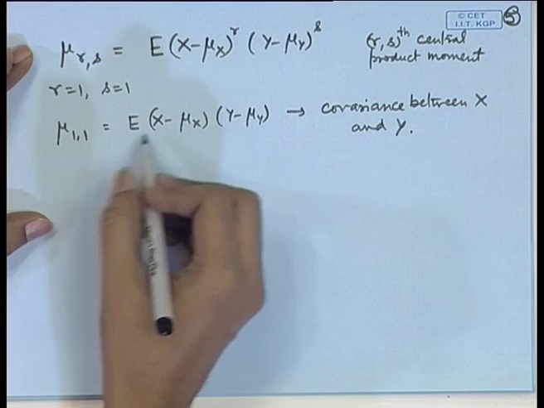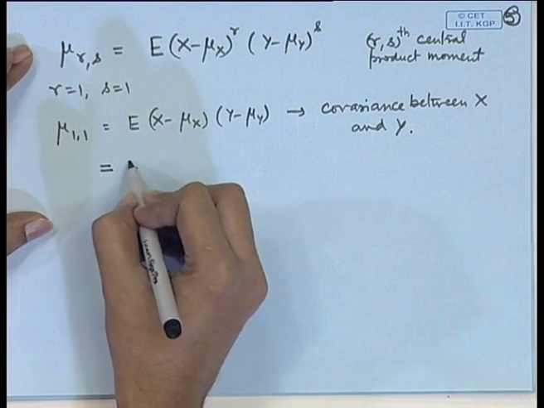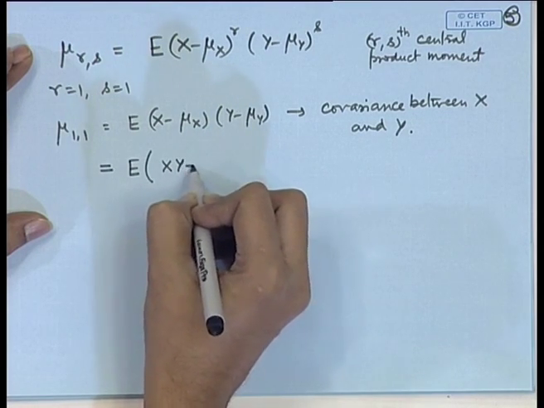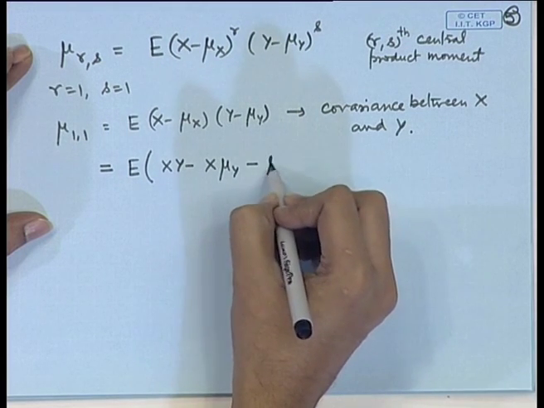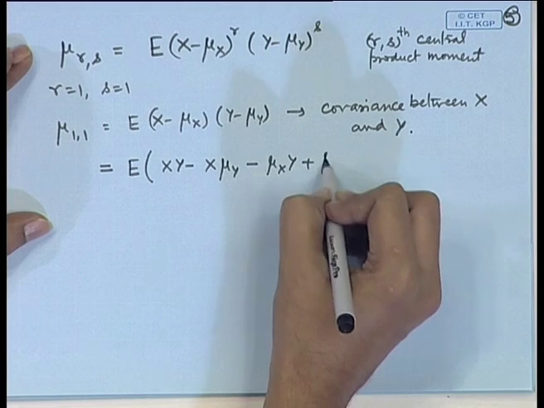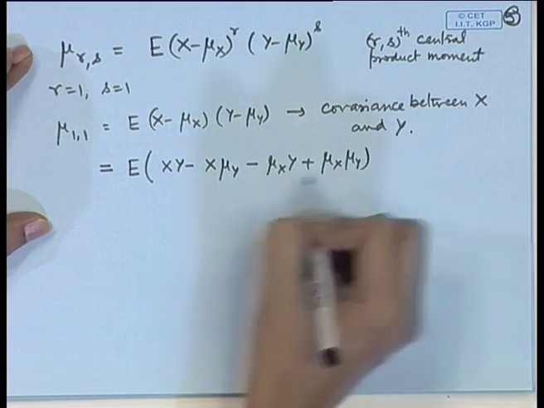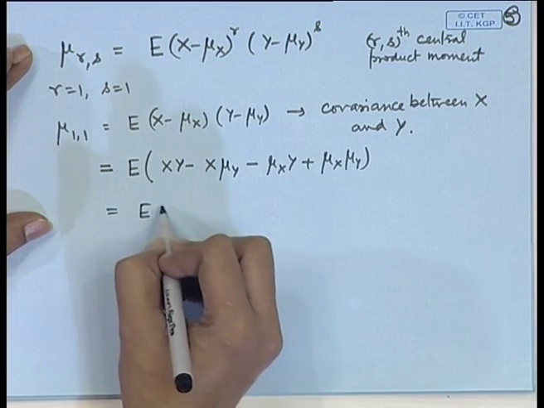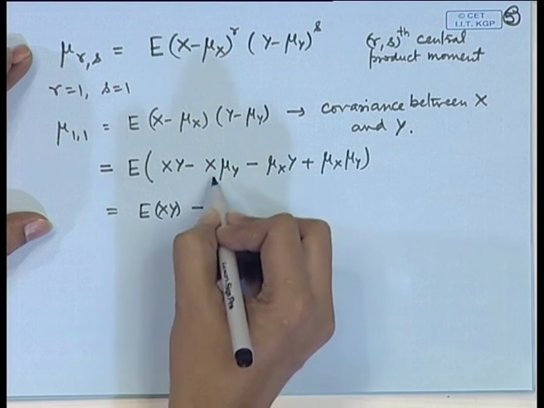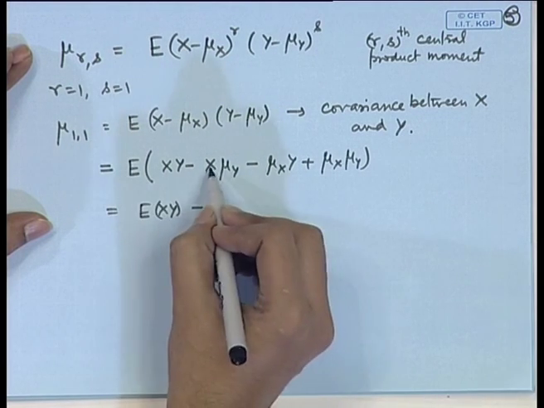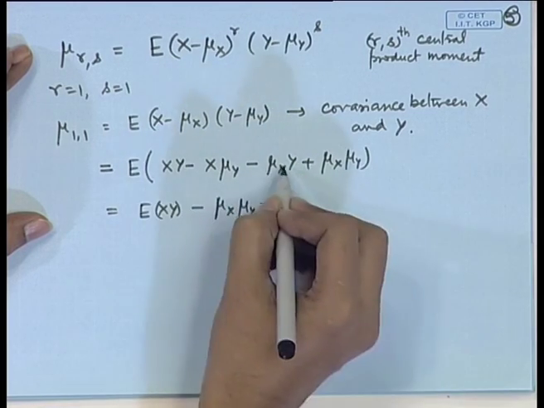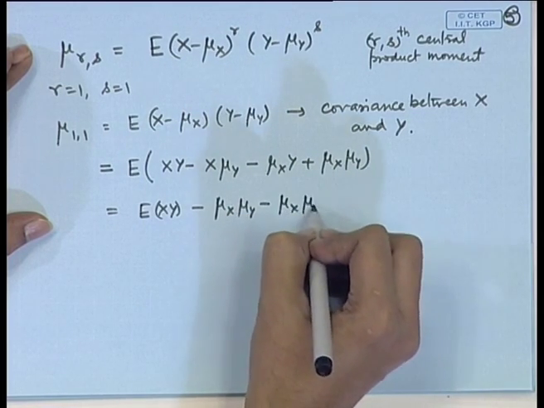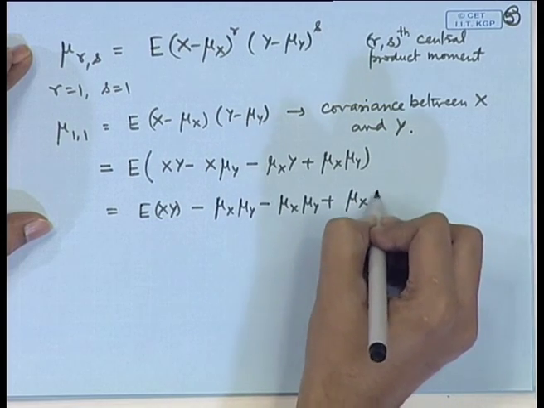We can further simplify this. We can write it as expectation of xy minus x into mu y minus mu x y plus mu x mu y, that is equal to expectation of xy minus... Now here if we take expectation, this is mu x mu y minus mu x mu y plus mu x mu y.